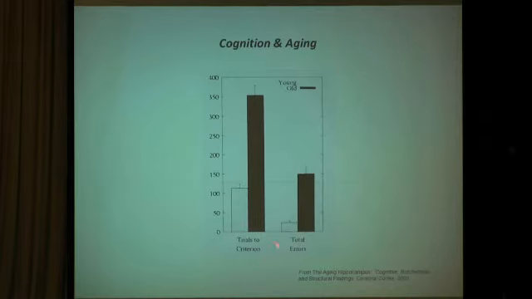Trials to criterion mean how many times do you have to practice something before you learn it, or how many times does an animal have to practice to learn it. And you see that when you're young you don't need many, and when you're older you need a whole lot more, okay? Over here, it's while you're learning something, how many errors do you make? And you see that the young make smaller number of errors and the elderly make more.